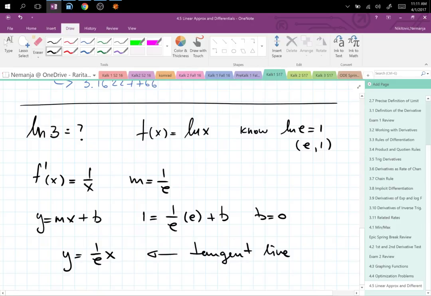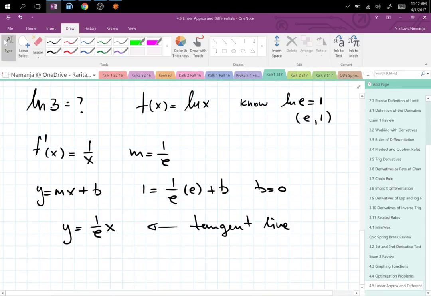So now that I have the tangent line, I will compute the number 3 in the tangent line. ln 3 is approximated by 1 over e times 3, which is 3 over e.